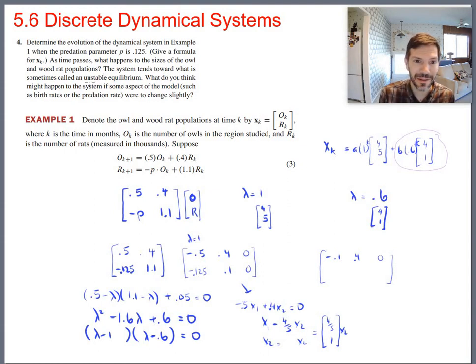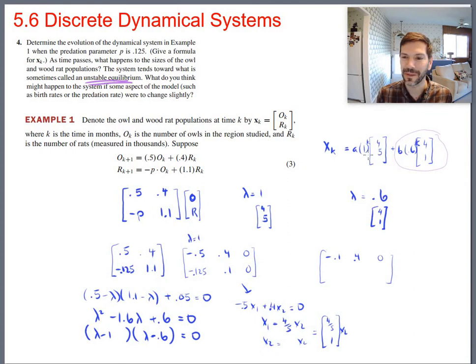So our unstable equilibrium that they were talking about here is saying the ratio will have equilibrium. It'll always be a ratio of 4, what's the first thing? Owls. 4 owls to 5 rats. And if you look back at the units, this is owls versus thousands of rats. So 4 owls versus 5,000 rats.